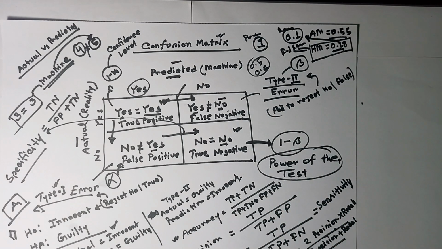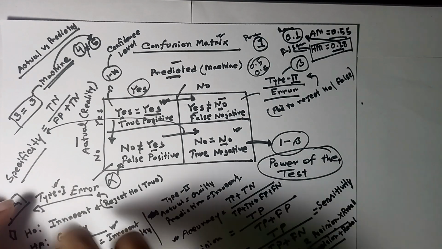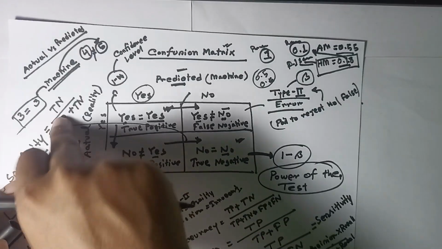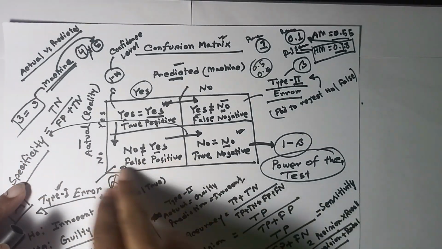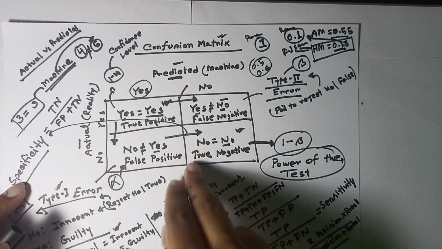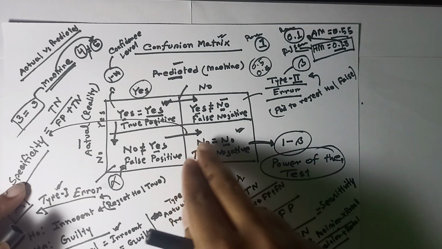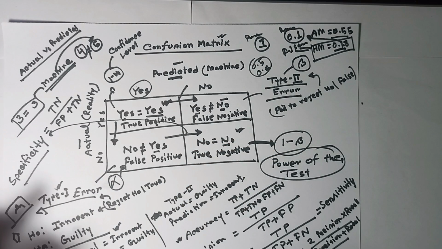Basically, specificity indicates, from all negatives, how many were correctly predicted negatives.